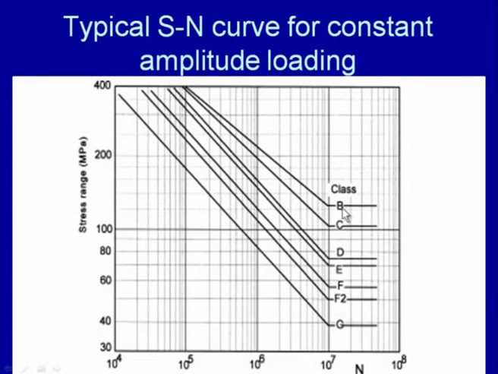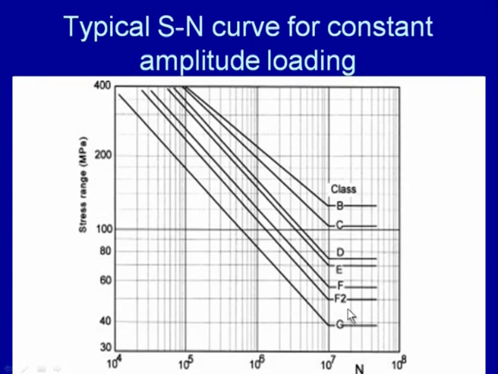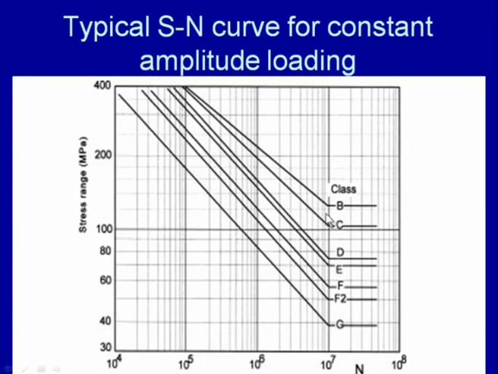So, A class, B class, C class are the different classes up to F2 and G. The B class indicates that the effect of the welding on the fatigue performance is minimum, and A class stands for those base metals which are not yet welded or are not carrying any load. So, unwelded plates fall in the A class category, while if a weld joint has been made on a plate which is not carrying the load, but only the joint has been made, then it will act as a B class.